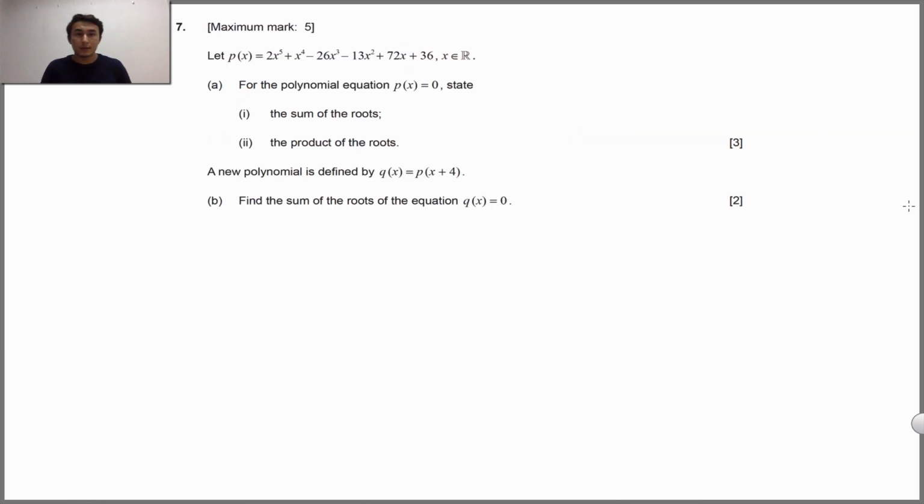Okay. Let p(x) be this polynomial. For the polynomial equation p(x) equal to 0, state the sum of the roots. Okay, this is a good question. So just remember this, guys.